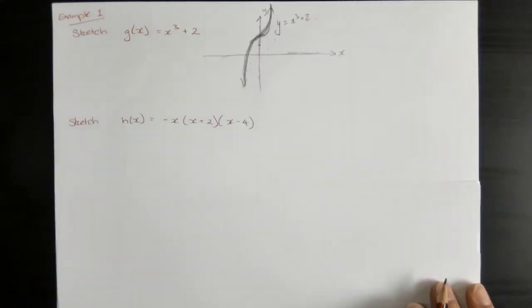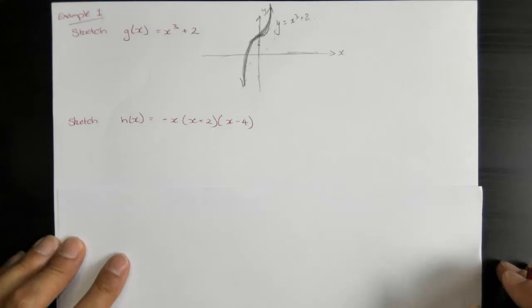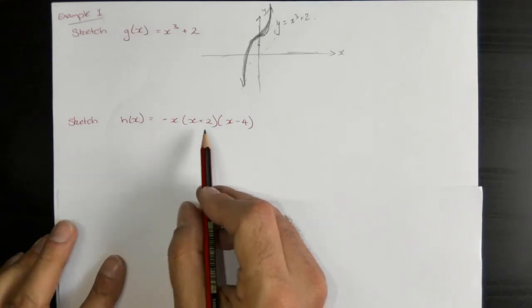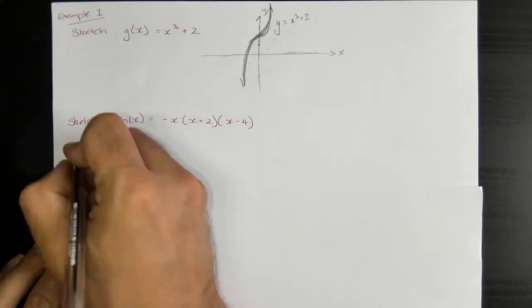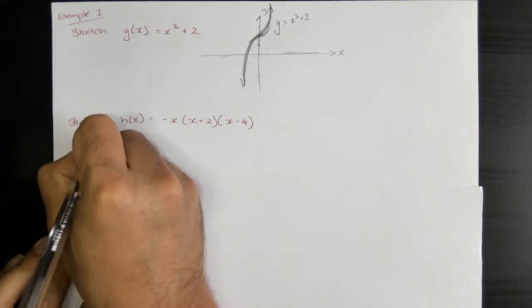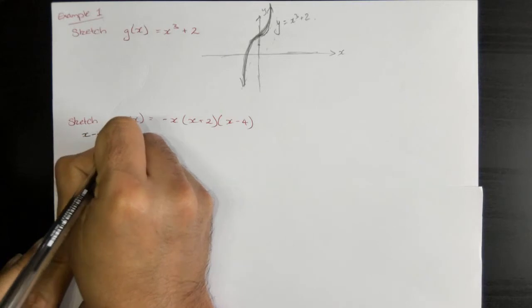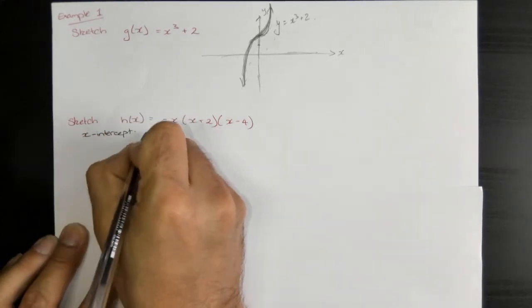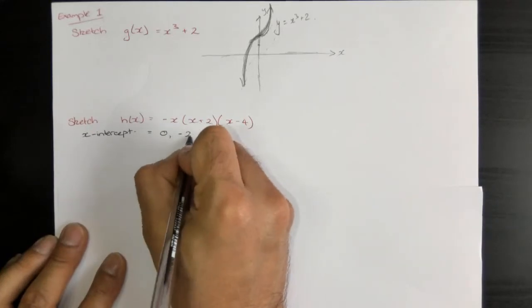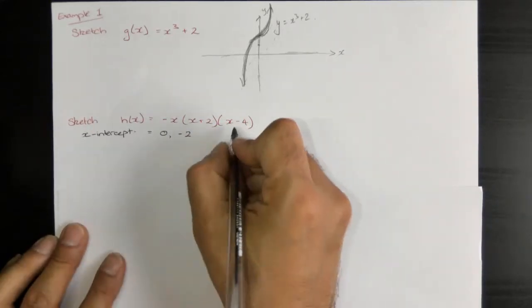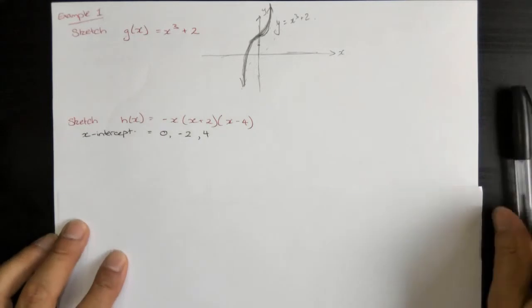Okay. We now want to sketch h of x, which is negative x, times (x plus 2), times (x minus 4). We're applying the null factor law. The x-intercepts are going to occur when x equals 0, minus 2, because minus 2 plus 2 is 0, and positive 4.